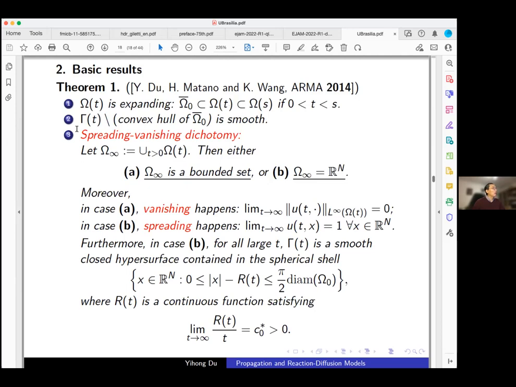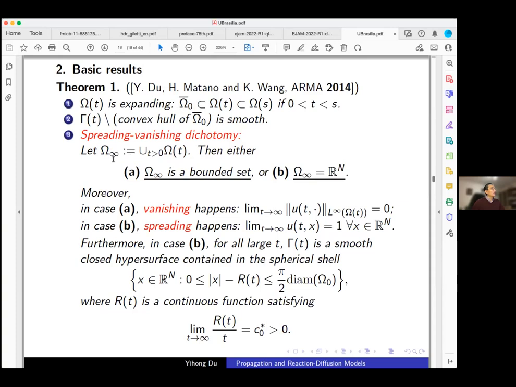And for the free boundary, the boundary of the population range, outside of the convex hull of the initial population range omega 0, it is smooth. Moreover, for large time as t goes to infinity, because the population range is increasing, there's a limit.